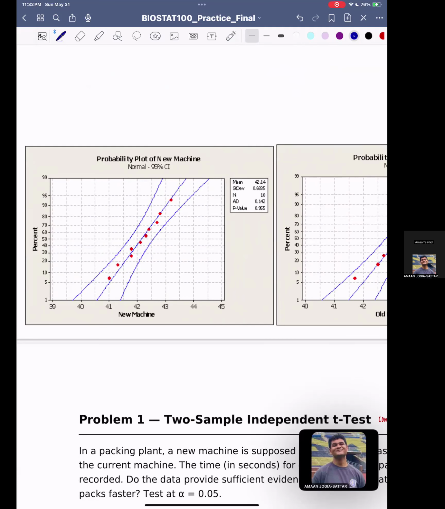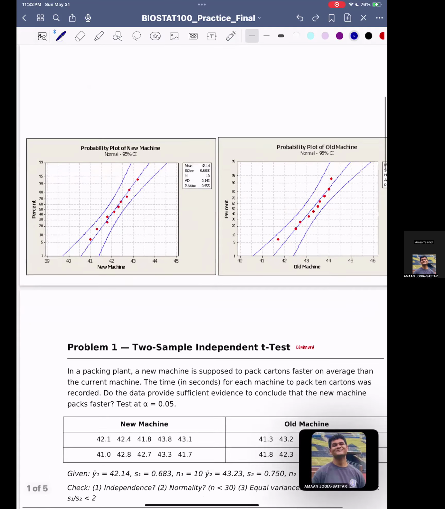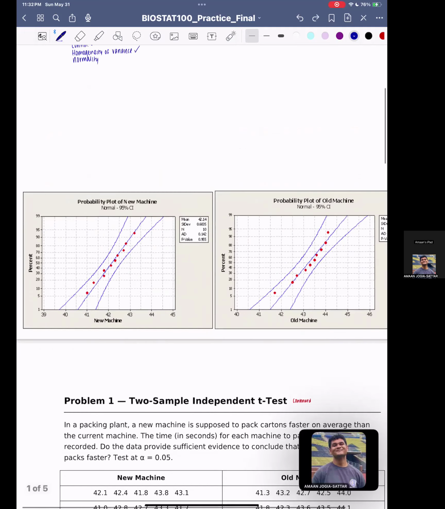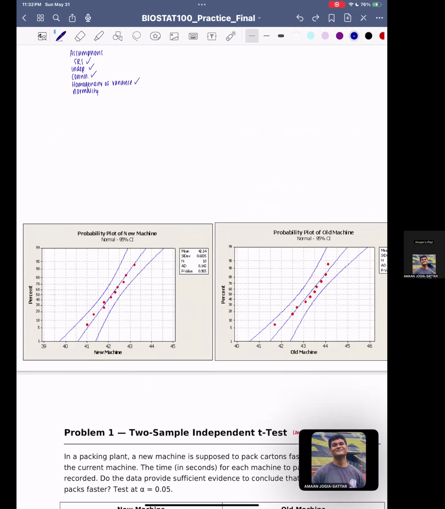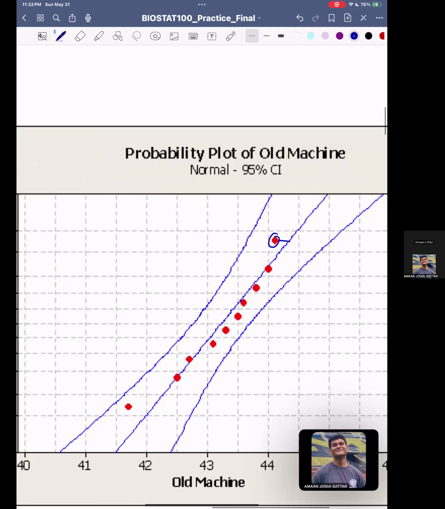It's stretched in such a way that if we had a perfectly normal set of observations, we would expect them to fall perfectly along this blue diagonal line here. And we also have these overlaid confidence bands, which is great. And we can see in both cases that we're well within these confidence bands and that we roughly approximate normality in both scenarios.